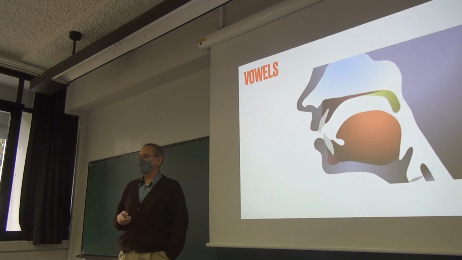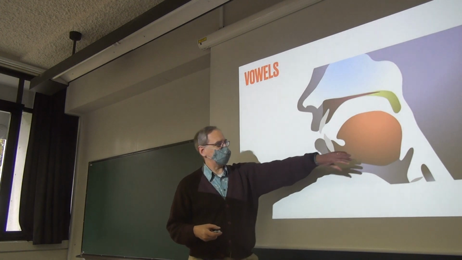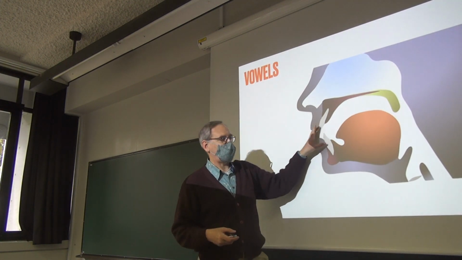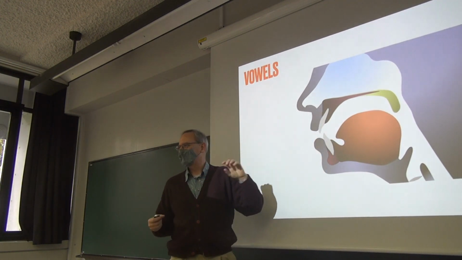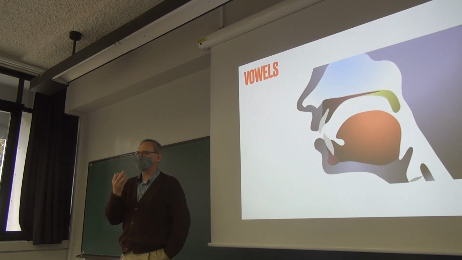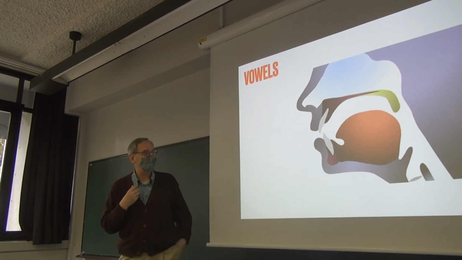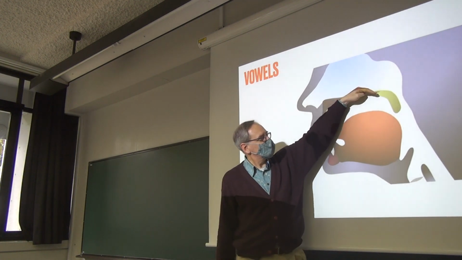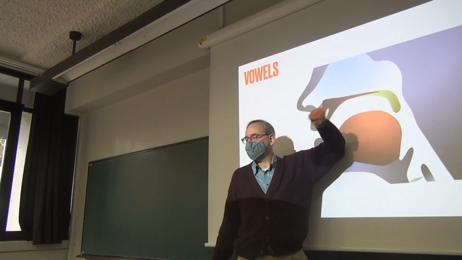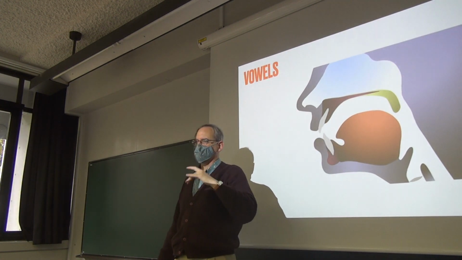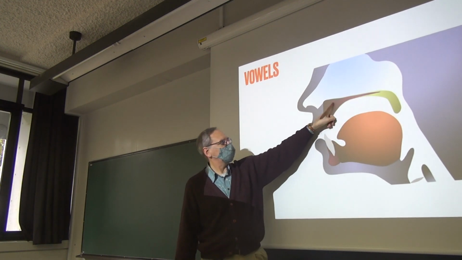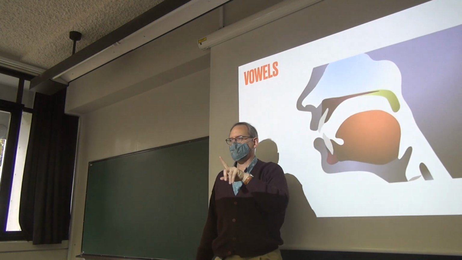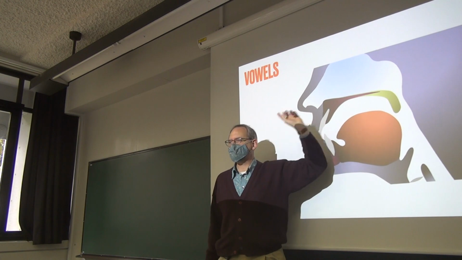Now, I've said before that the airflow path is this path. It's the route that the voice takes as it passes through the mouth or through the nose. So at the back here, you have a kind of soft muscle. This part is bone, and if you go far enough back, the bone stops.